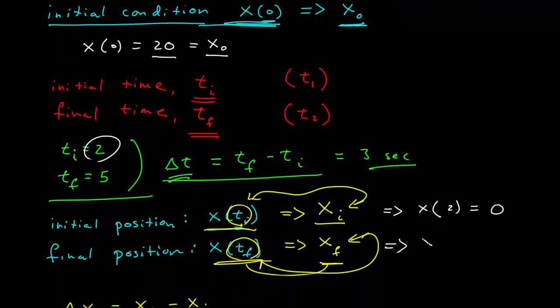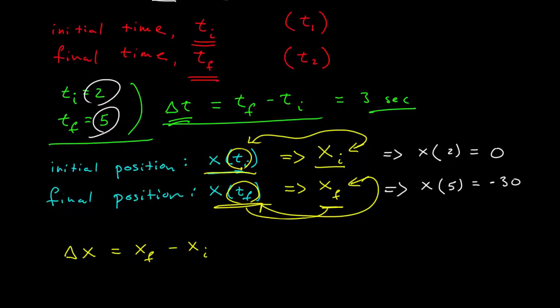My final position is x evaluated at my final time, which is x of 5, which is minus 30. And so I have my x final, which is minus 30, minus my x initial, which is 0. And so the position difference is negative 30 meters. It has a magnitude of 30 meters, and it's a vector pointing in the negative x direction.